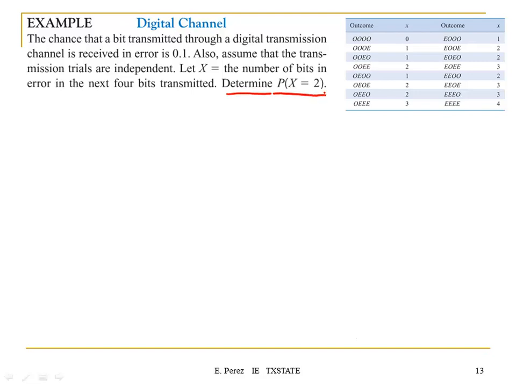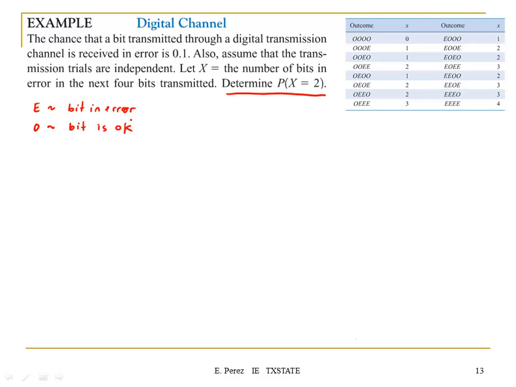Let's define a random variable here, and we can describe this outcome based on these letters. Let E be the bit in error, and O be that the bit is okay. We're going to use those two letters. In this table, I'm describing the sample space for this experiment.